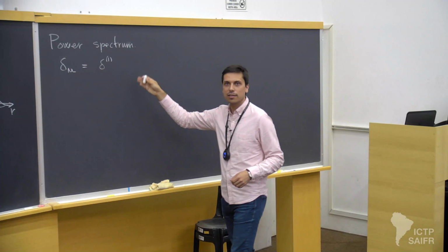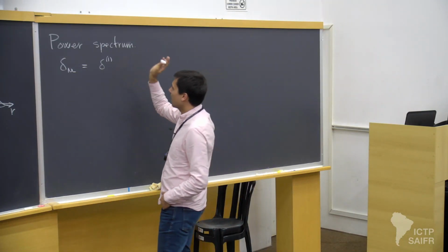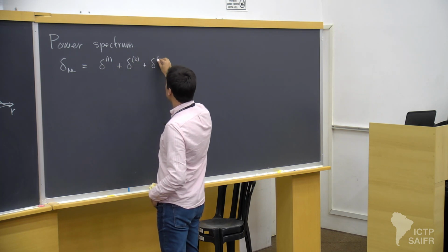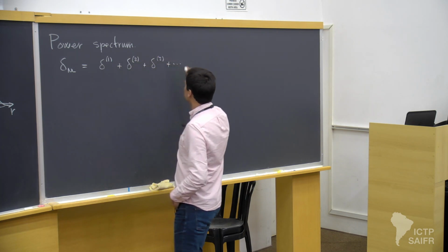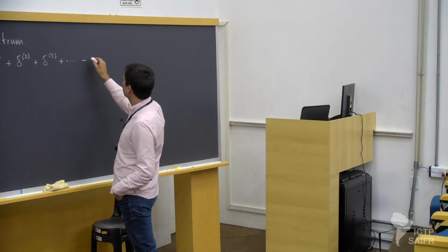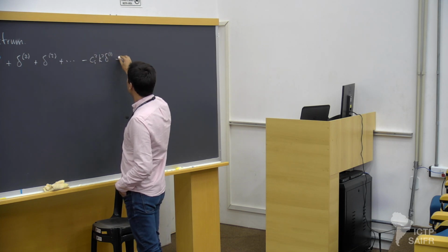I'm suppressing now all these growth factors, k's, tau's, and so on. But just schematically, we have this perturbative expansion. And plus, on top of that, we have some c_s square k squared delta linear and plus some j.